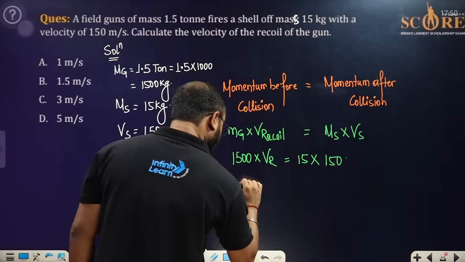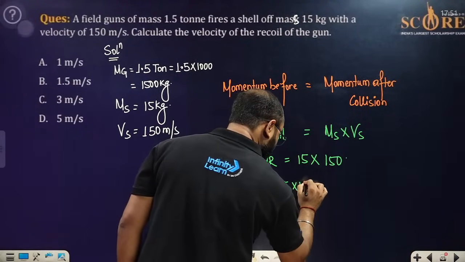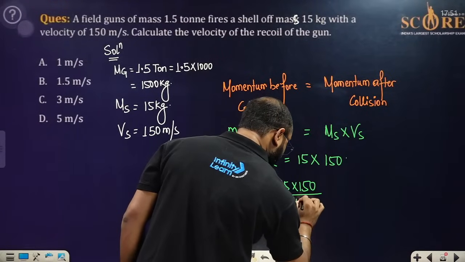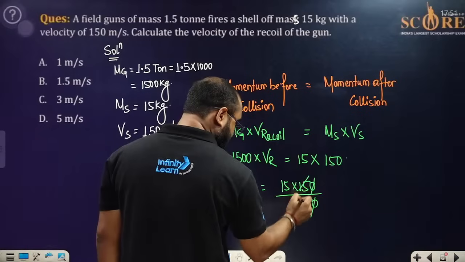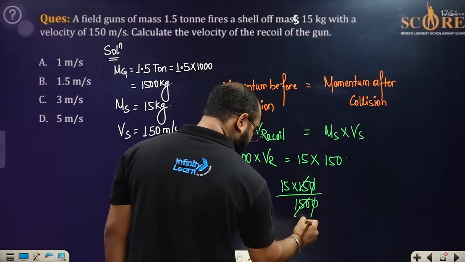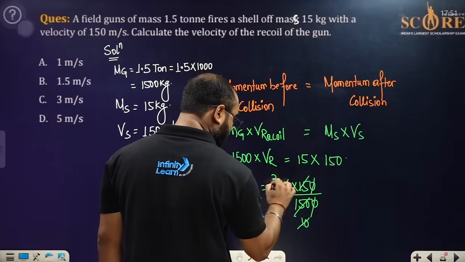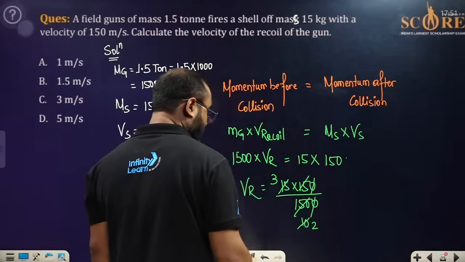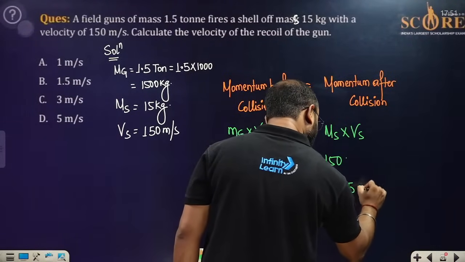If so, we can find the velocity of the recoil will be equal to 15 multiplied by 150 divided by 1500. The zeros cancel. That is going to be 10, and it is going to be 5 times 3 times 2. So it is coming out to be 1.5 meters per second.